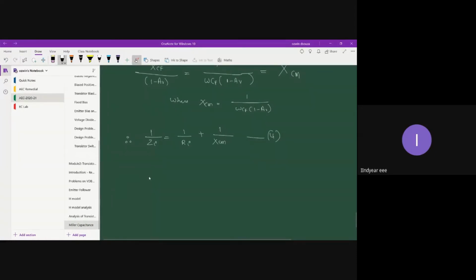If you look at equation 4, you would see that the overall input impedance Zi comprises two elements, a resistive element and a reactive element.